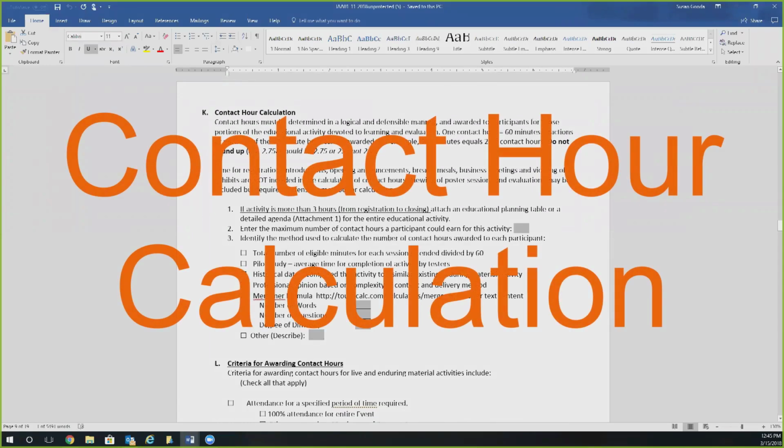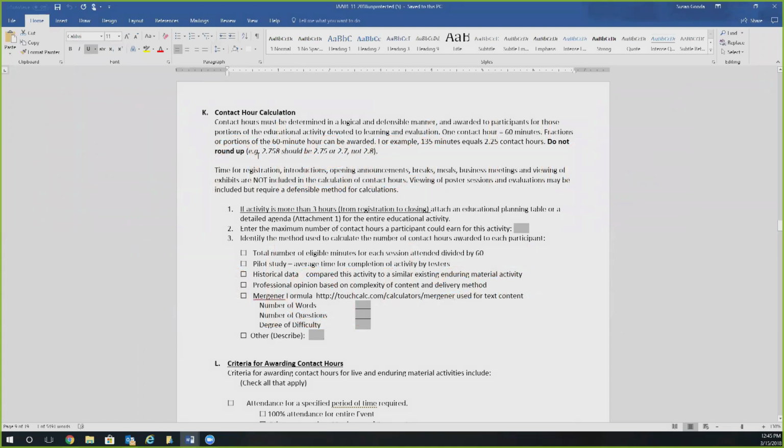Calculation of hours is here, and we have a lot of things in here for live or enduring material. So if you're doing a live session, enter the hours, the maximum number of contact hours a participant can earn for this activity.